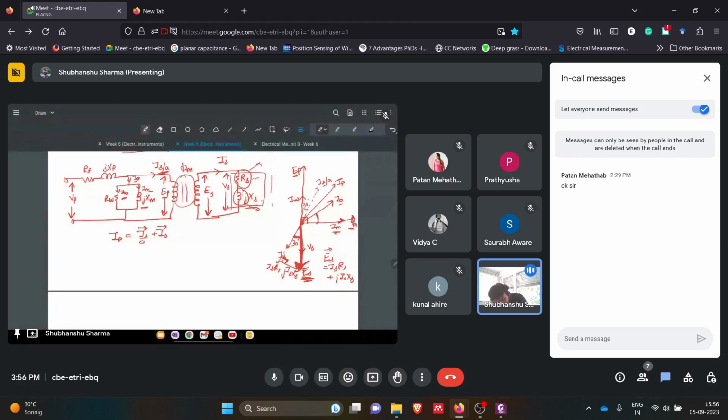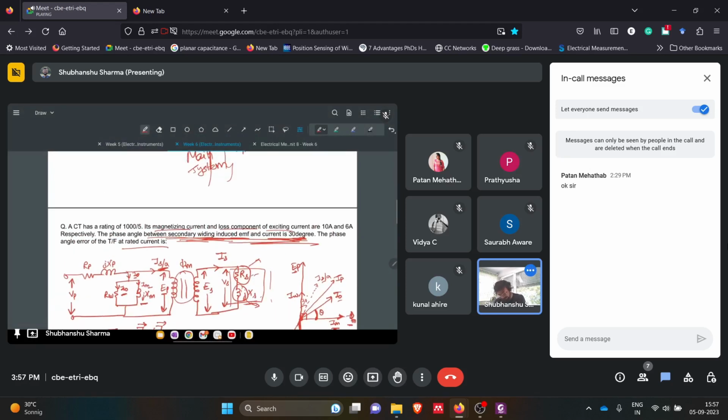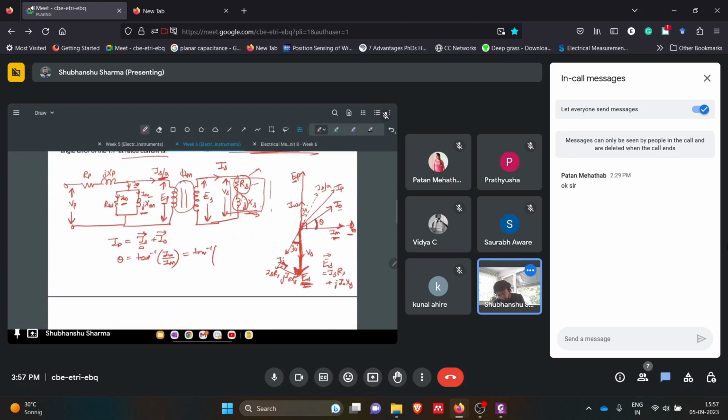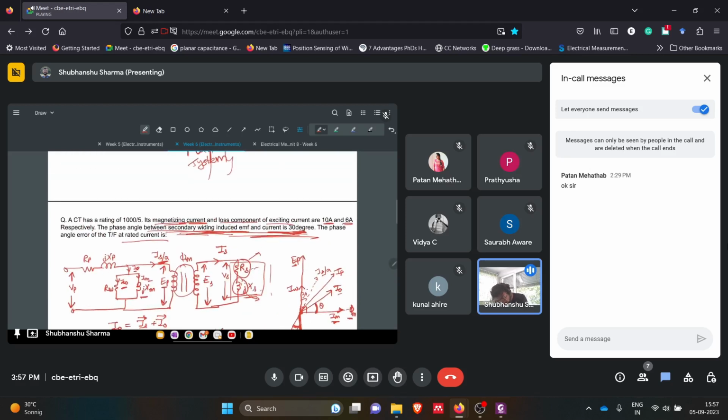So this I naught, let's say its angle is theta. We can get theta as tan inverse of IW by IM, because I naught is made of that. The magnetizing current component is 10 ampere and the loss component is 6 ampere.